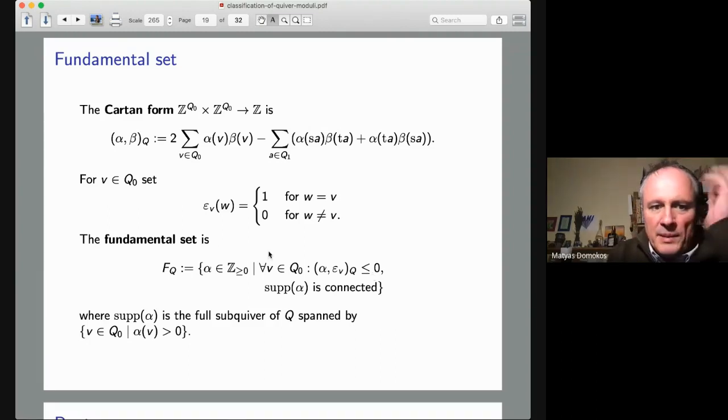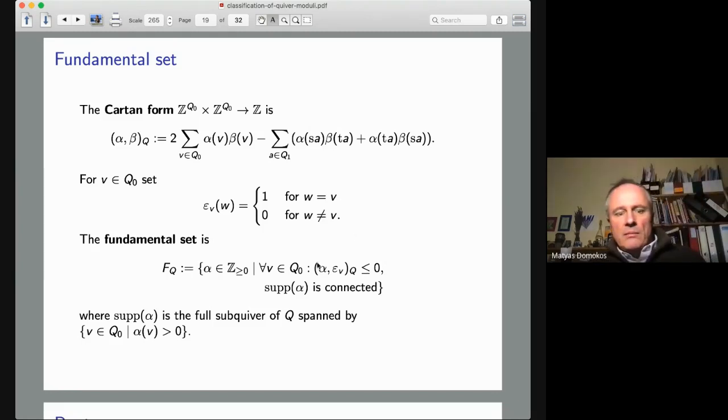So this is a subset of the dimension vectors defined by finitely many linear inequalities. And moreover, for an alpha in the fundamental set, its support has to be connected. By the support of a dimension vector, we mean the full subquiver spanned by those vertices on which the dimension vector is positive.